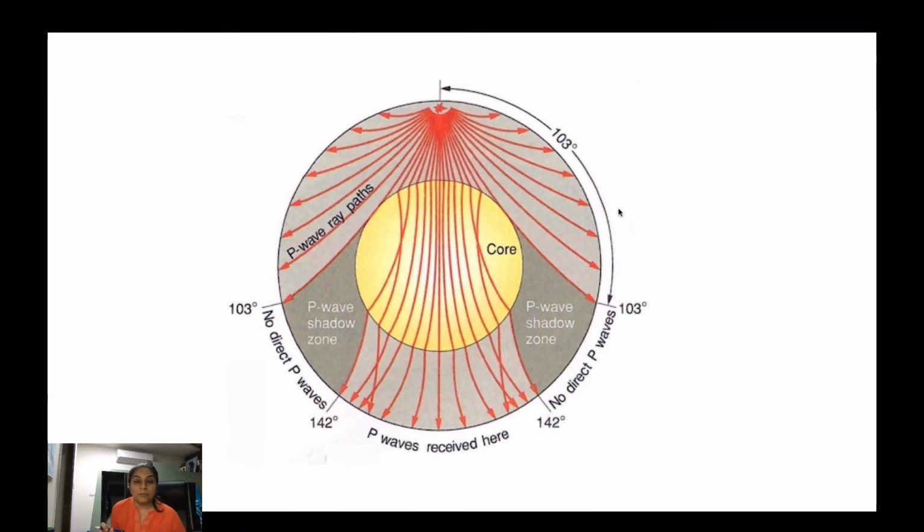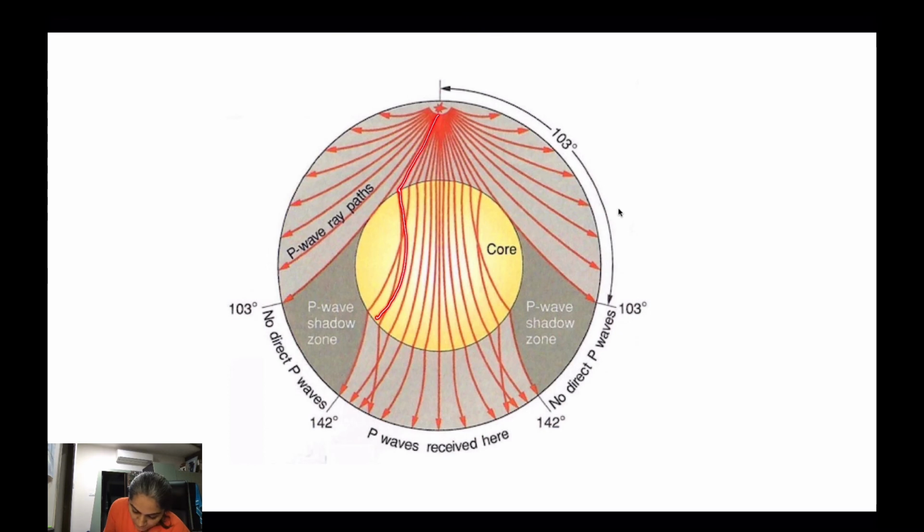Another thing that we realized: why is the inner core solid? We figured it out by the shadow zones of the P wave. If this is the hypocenter, we found that P waves can travel through all the mediums, but as we said, it refracts when there is a change in medium.